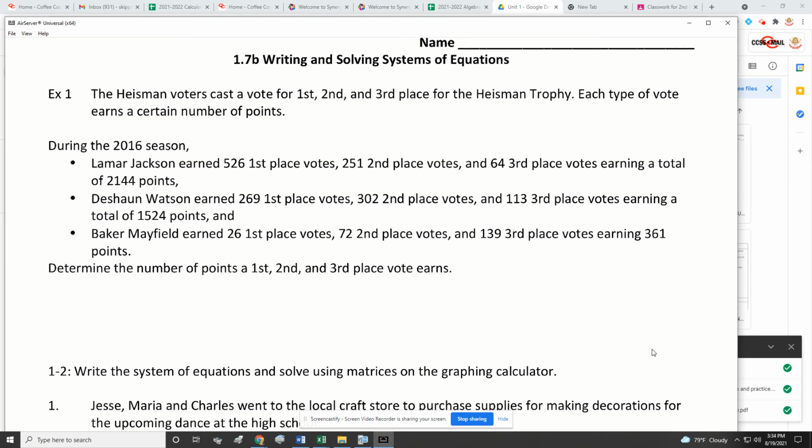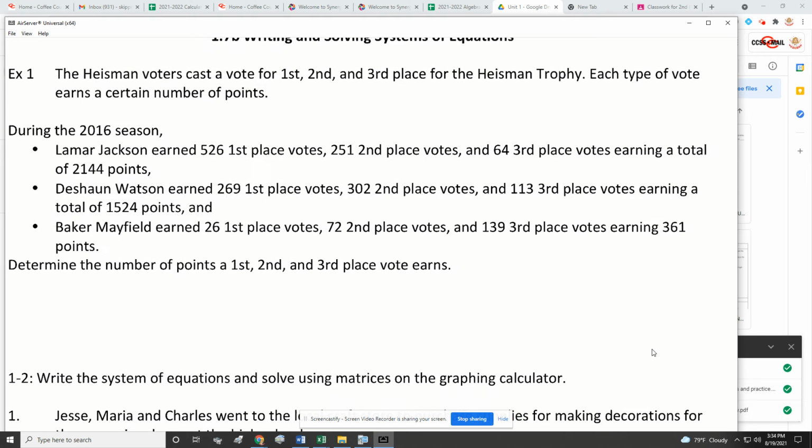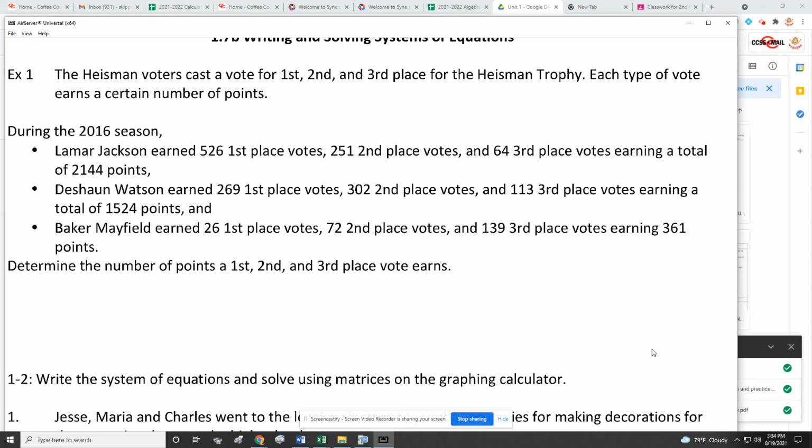So example 1 says that the Heisman voters cast a vote for first, second, and third place for the Heisman Trophy. Each type of vote earns a certain number of points. During the 2016 season, Lamar Jackson earned 526 first, 251 second, and 64 third place votes.